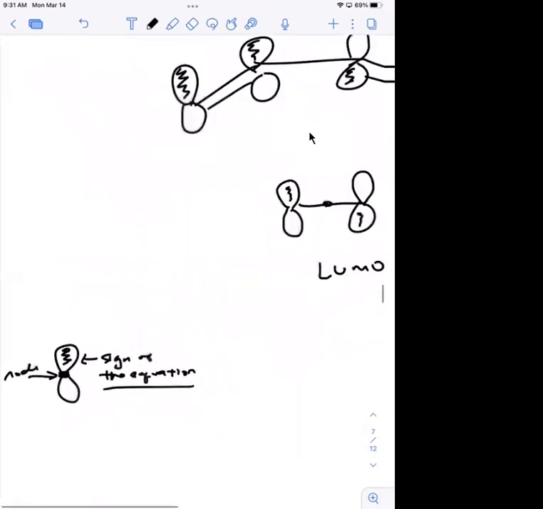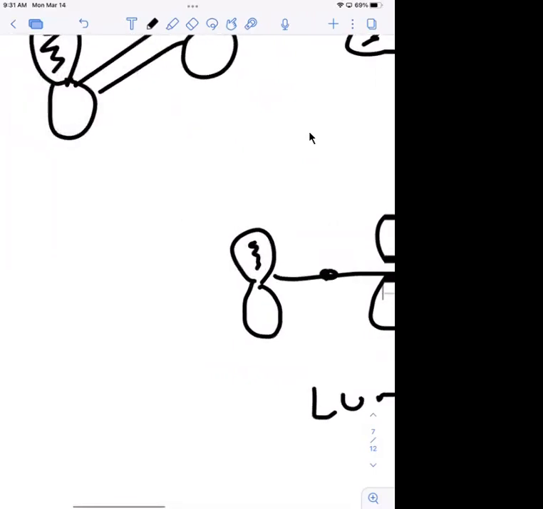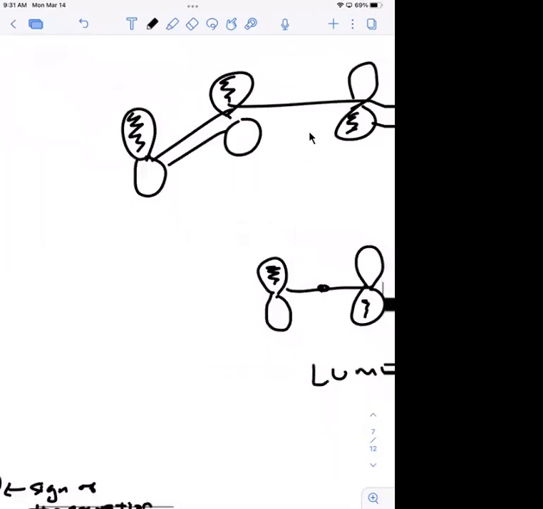And think about this: if I wanted to add something together, I would want the equations to have the same signs, right? So if I want to overlap these orbitals constructively, I need these two things to have the same sign. Right now, they don't.